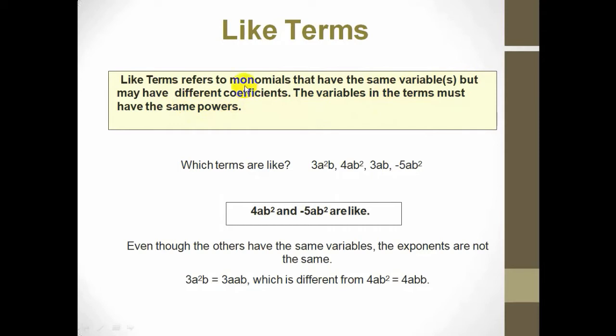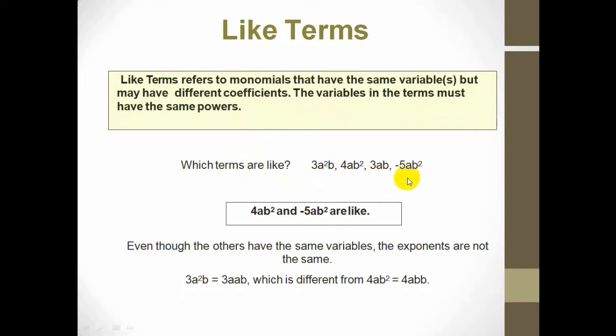Like terms refers to monomials in which the variable and its power are the same, but maybe the coefficients are different. For example, 3a square b, 4ab square, 3ab, minus 5ab square.